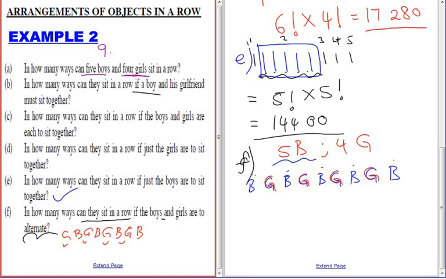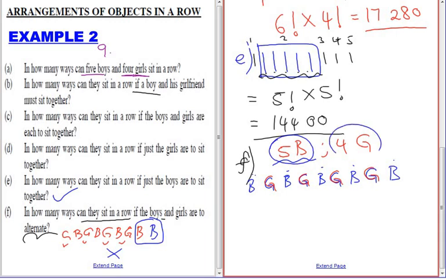Now the boy, there is still another boy. So notice how you are going to be forced to put these 2 boys next to each other. So we won't be alternating anymore. So this starting with a girl is not going to work. So if you have 5 boys and then you have 4 girls, when they ask a question such as when they alternate, please start with the one that has got a bigger number.